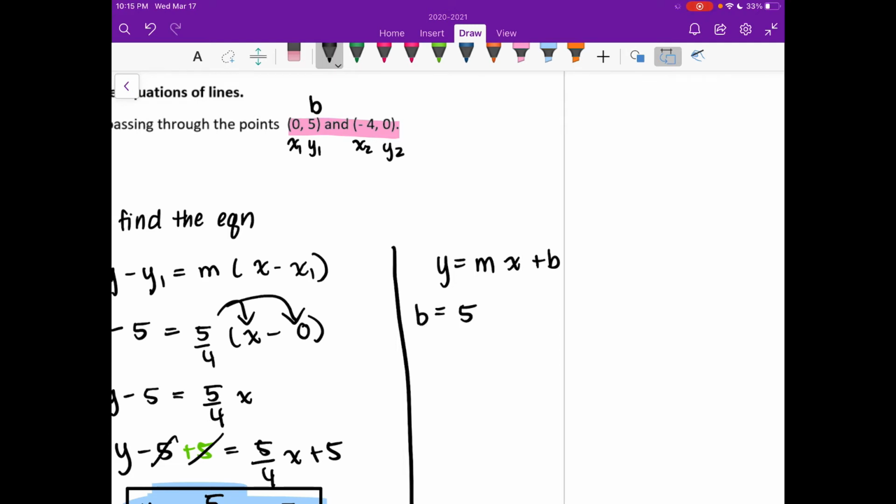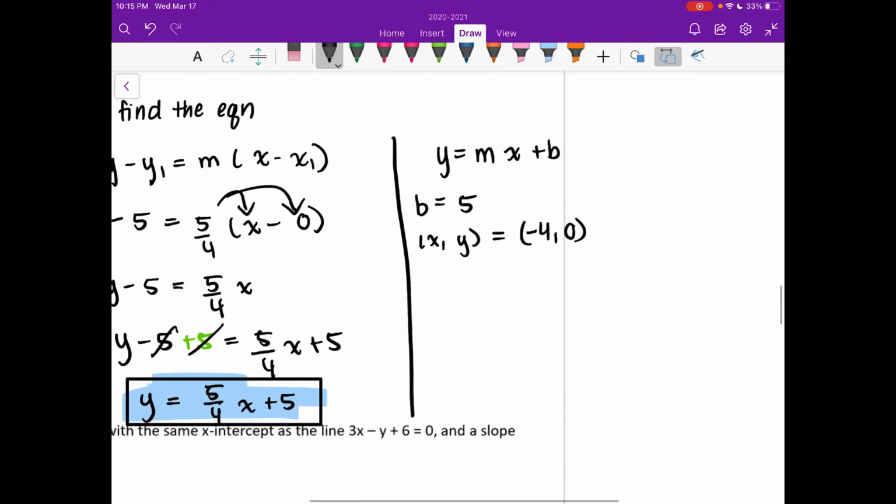I have another set of coordinates, which is negative 4 and 0, because I have the x-intercept. All I'm missing here is the m. If I just plug these values in, I can find the slope, and because I can find the slope that way, I can find the equation of the line that way as well.